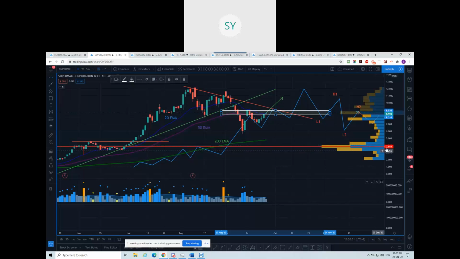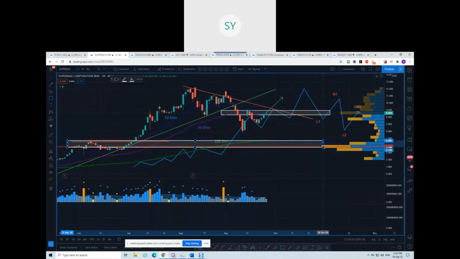You see at the bottom, when the price is at 3.855, this is the largest volume. But in this chart, you see this range, highest volume.